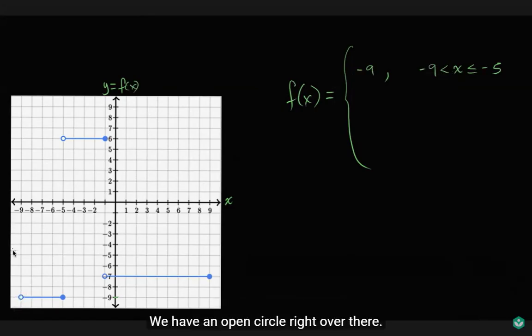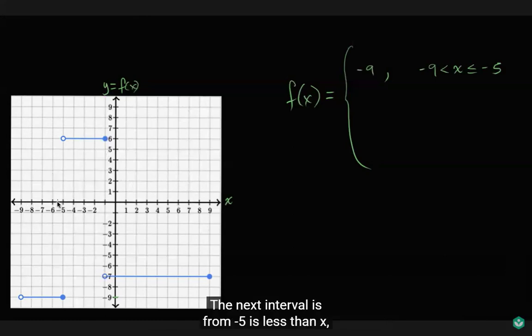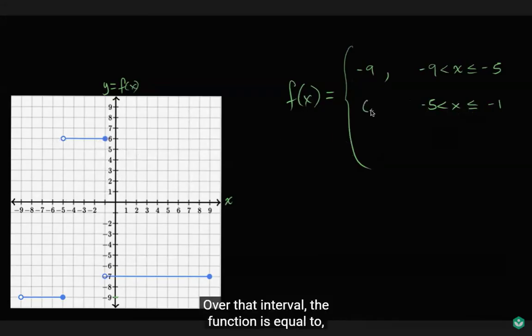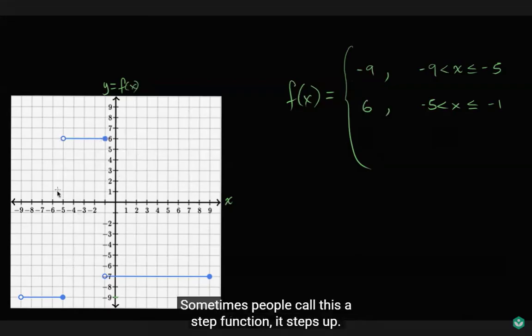We have an open circle right over there. But now let's look at the next interval. The next interval is -5 is less than x, which is less than or equal to -1. And over that interval, the function is a constant 6. It jumps up here. Sometimes people call this a step function. It steps up.